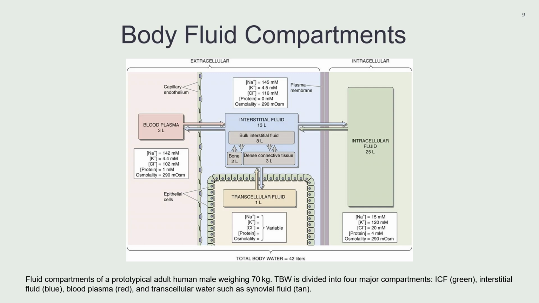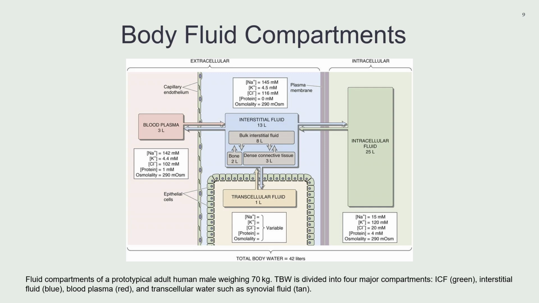In the blood plasma, notice that the osmolality is 290. In the interstitial fluid it is the same, and in the intracellular compartment it is the same. All the compartments of the body have exactly the same concentration of solutes. Those solutes are different, but they have equal concentration.